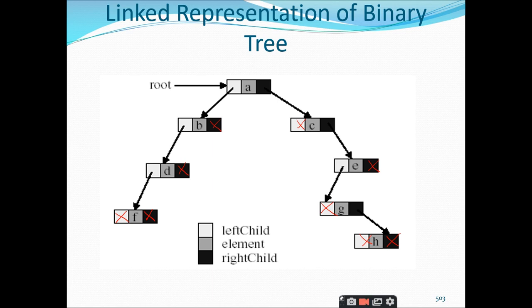The disadvantage of this array representation is, this particular representation is suitable only when the tree is complete or full or proper, right? But it is not suggestible to represent the binary tree using arrays if it is incomplete, or if it is a degenerate tree, or a right skewed or left skewed binary tree.